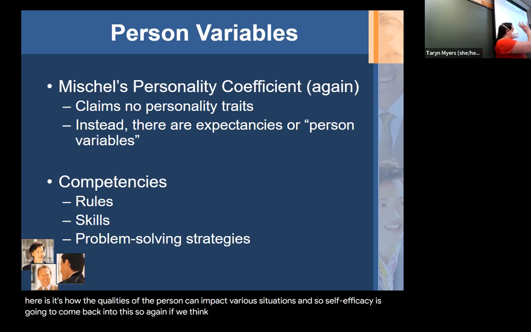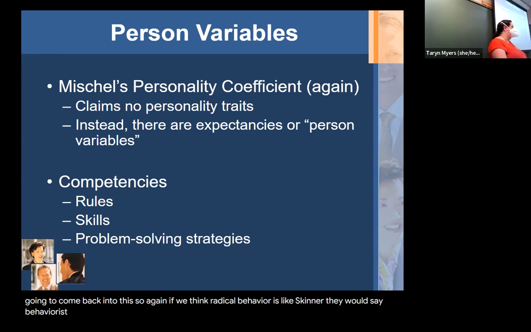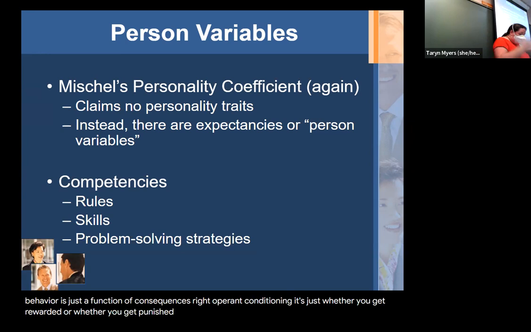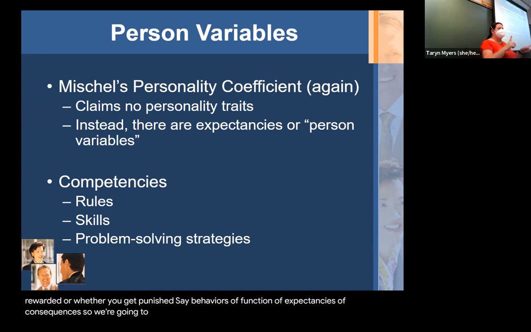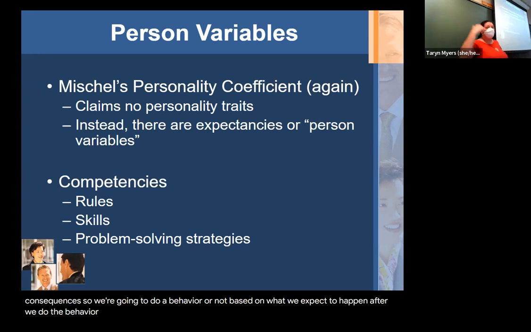So again, if we think of radical behaviorists like Skinner, they would say behavior is just a function of consequences, right? Operant conditioning, it's just whether you get rewarded or whether you get punished. Bandura would say behavior is a function of expectancies of consequences. So we're going to do a behavior or not based on what we expect to happen after we do the behavior. If we expect, based on watching other people, that things are going to go horribly wrong, we don't get involved, right?